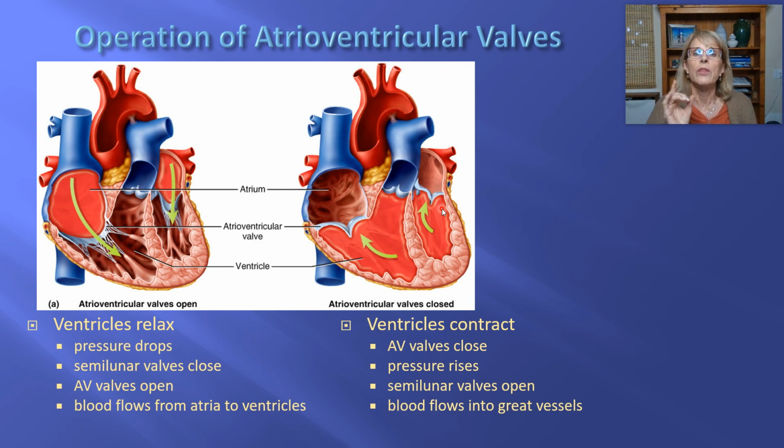So when the ventricles are contracting, they shut the mitral valve and the tricuspid valve. And simultaneously, pressure will rise up in there and it'll get high enough that it will push open the pulmonary valve and the aortic valve.